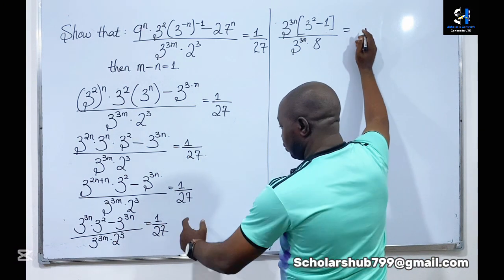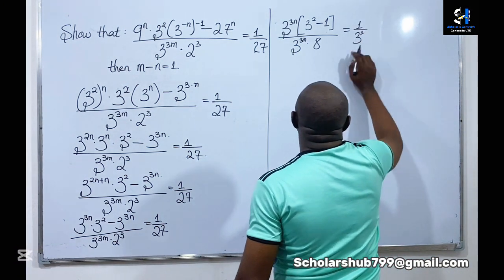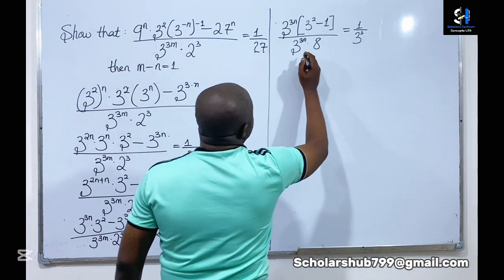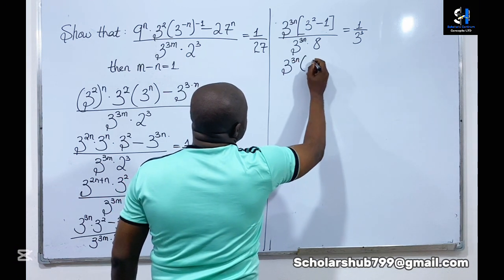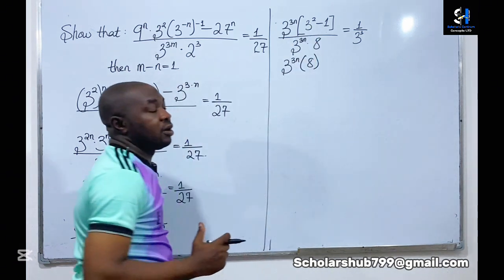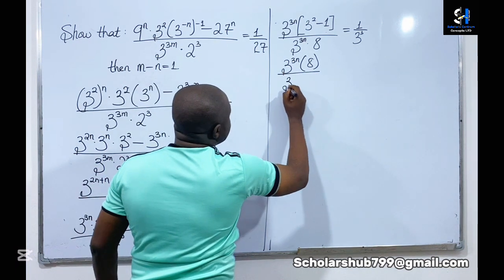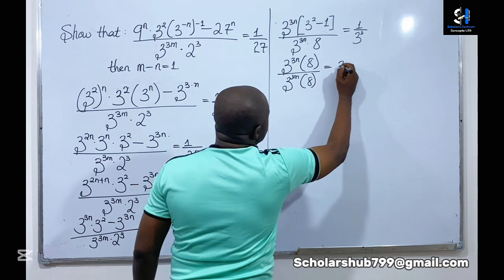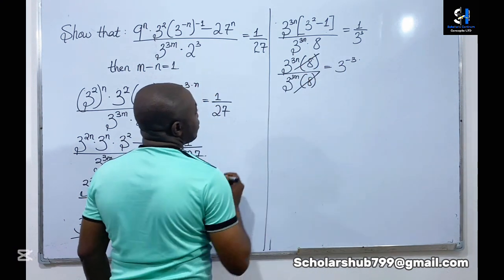This will be equal to 1 over 3 raised to the power of 3, which is 27. So this will be 3 raised to the power of 3n multiplied by 8, because 3 raised to the power of 2 is 9, so 9 minus 1 is 8, divided by 3 raised to the power of 3m times 8 equals 3 raised to the power of negative 3. So 8, we cancel 8.